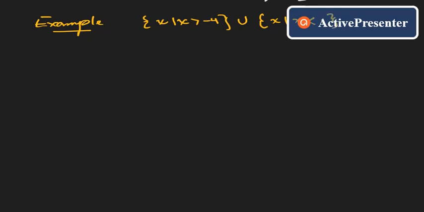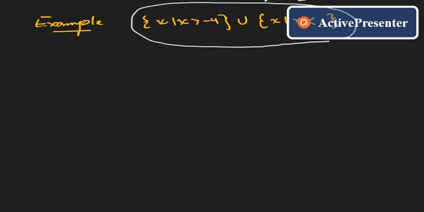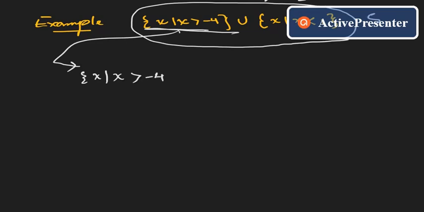I want you to graph this set. Let's call it set S. First, we take this set, the set of x such that x is greater than minus 4. It is graphed like this.